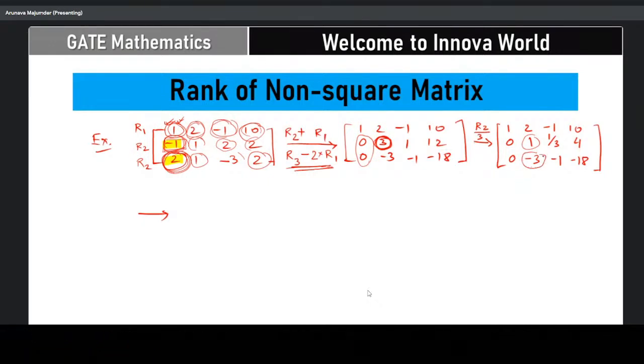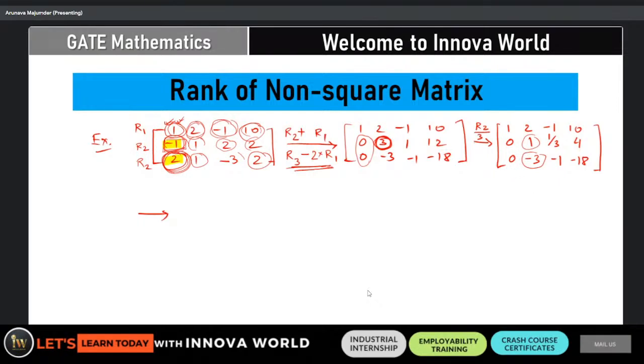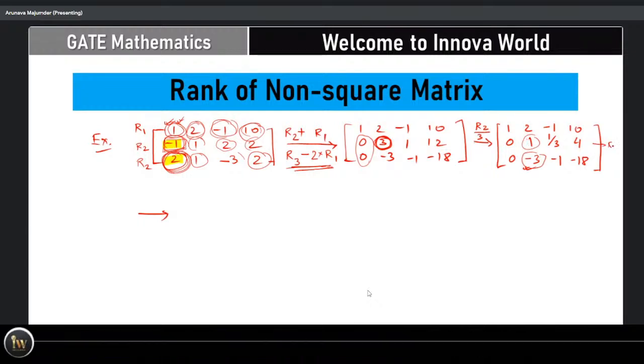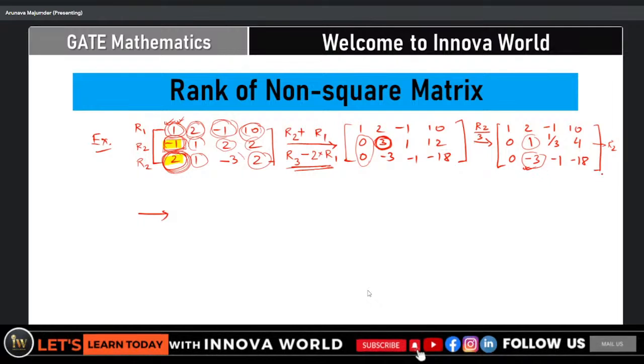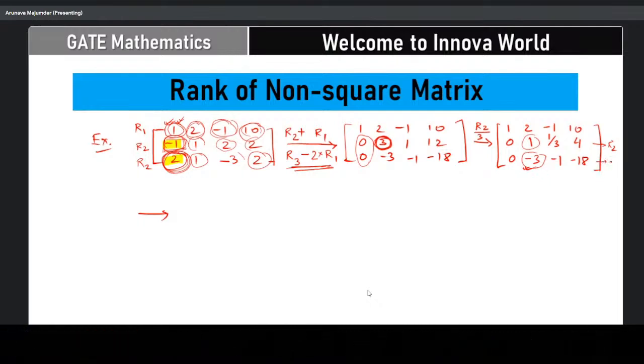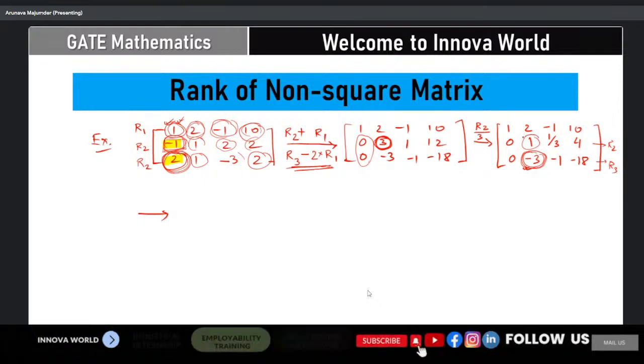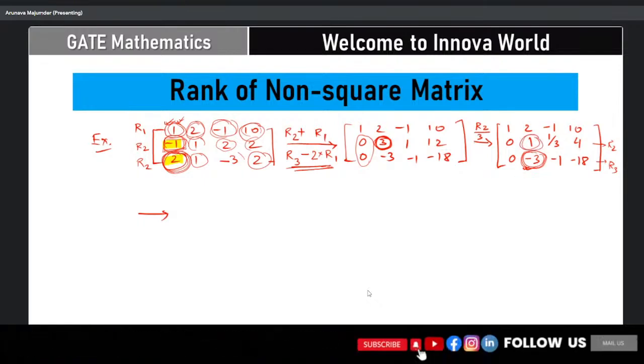And can you tell me how to do this? Which operation is needed here to make this element 0 with respect to row 2? So we are going to change row 3 with respect to row 2, and we are actually making this element 0 with respect to this. So what will be the operation here?